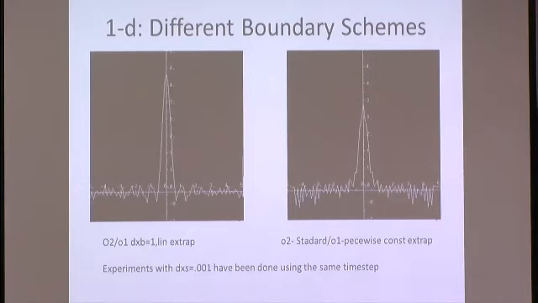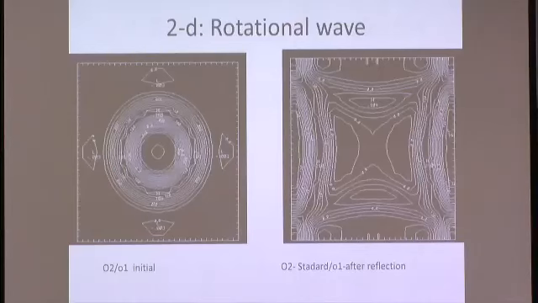If I extrapolate linearly, I get this, and after reflection, I get nearly the same. It was here a little bit less amplitude, and it is somehow reasonable. If I extrapolate piecewise constant, I would get this, which kind of worries me, because I would rather like to extrapolate the functions here. So it depends very much what you do at the boundary, what you get for reflection, and that is one-dimensional shallow water. It's not really very complicated.